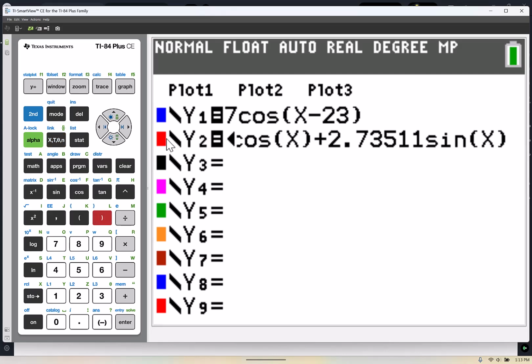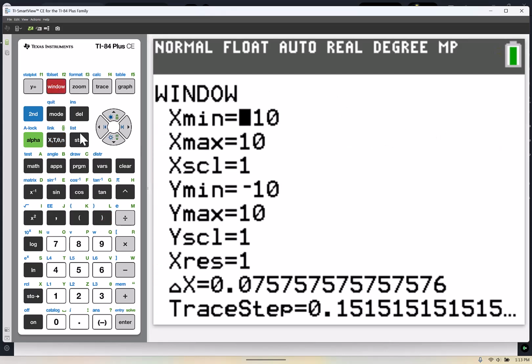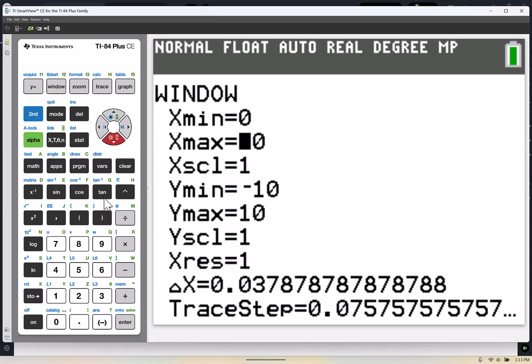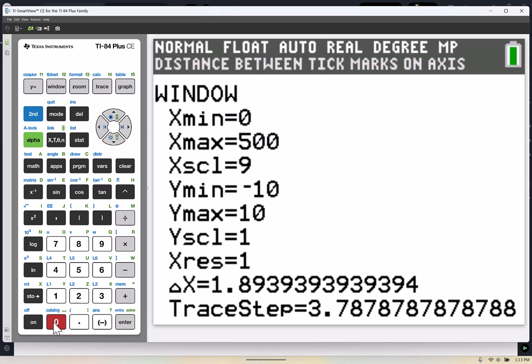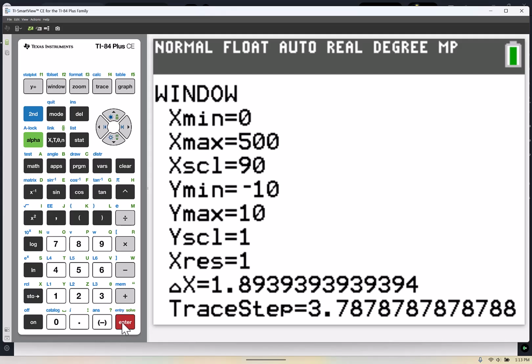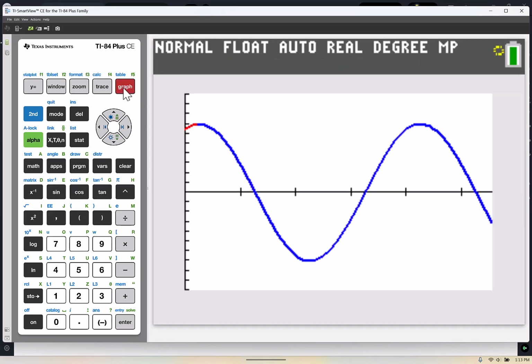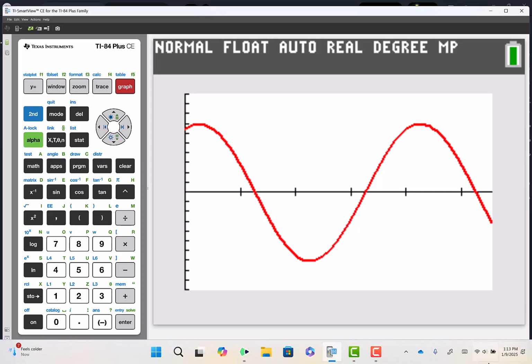It's going to go fast. Look at the blue. Look at the red. Window. Let's go 0 to 500. And let me make this by 90 degrees. And let's make negative 10 to 10. All right, graph. Look at that. Same graph, same curve. Isn't that cool? It went kind of fast, but you guys were able to see it, right? So we know they're the same.